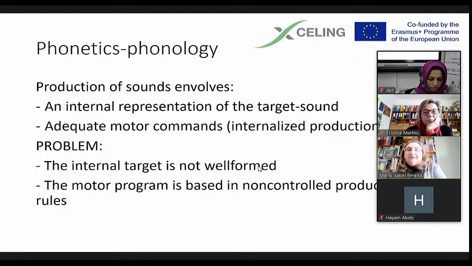When learning a second language, a third language, the motor program is maybe not prepared to produce the new sounds that you will find in the L2. So that can be a problem.